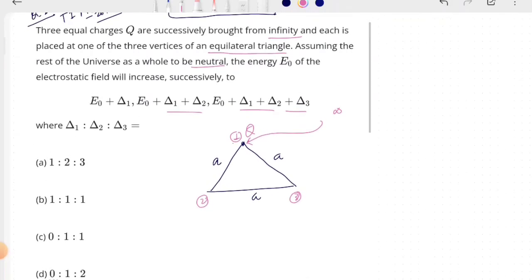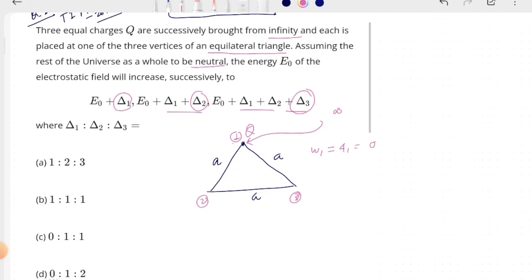So here delta 1, and delta 1 plus delta 2, and so on, are basically the work done. When the charge Q is taken from infinity to point 1, we get work done W1, which is delta 1, equal to 0.